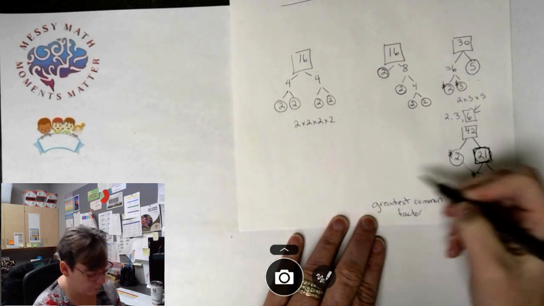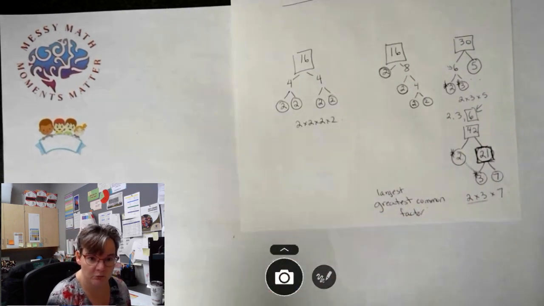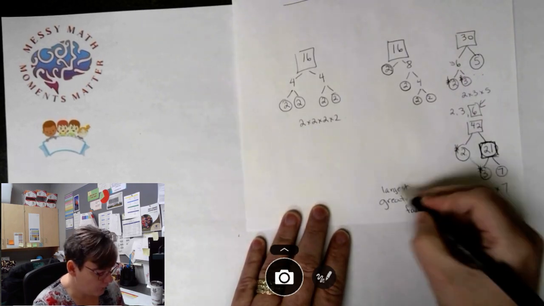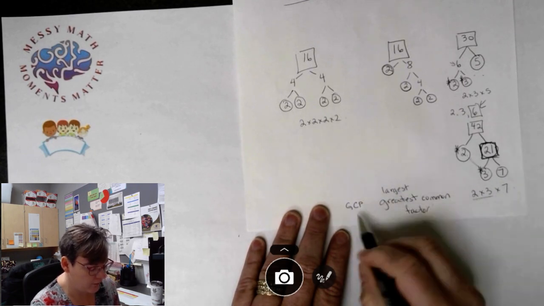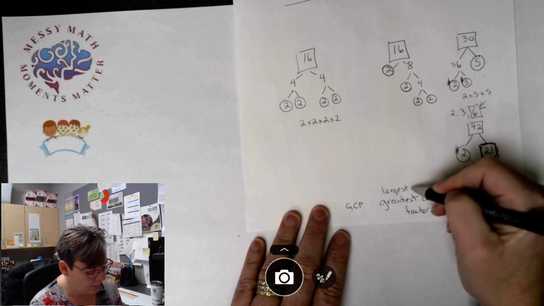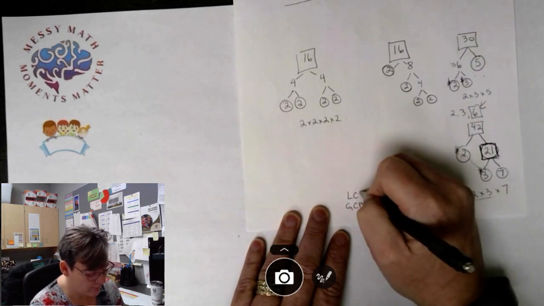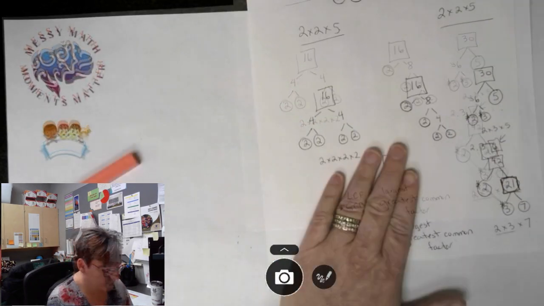Now, in some areas, people will call it largest common factor, so you want to be prepared for both. Often we'll be lazy, and we will call this the GCF, greatest common factor. And if you're using largest, it would be LCF. But for the most part, we use greatest there.